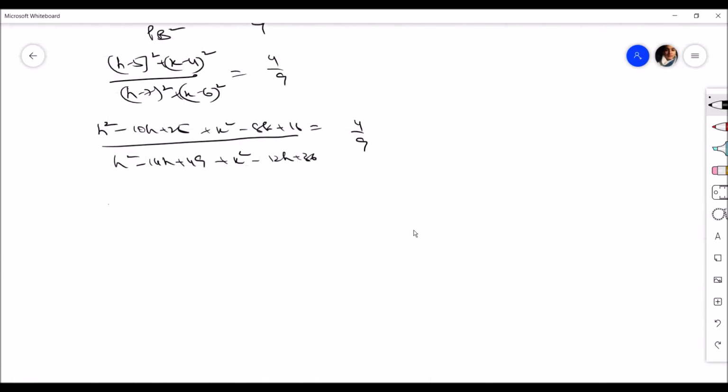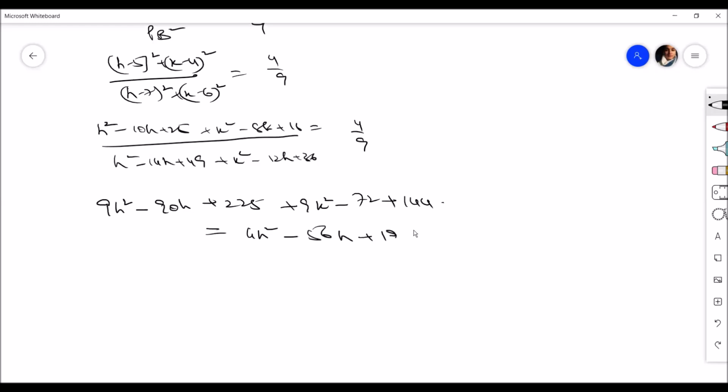Just cross multiplying it will give you 9h square minus 90h plus 225 plus 9k square minus 72k plus 16 nines 144 is the LHS, which should be equal to the RHS: 4h square minus 14 fours 56h, 49 fours is plus 196, plus 4k square minus 48k, plus 36 fours is 144. I'm sorry, this is 72k.